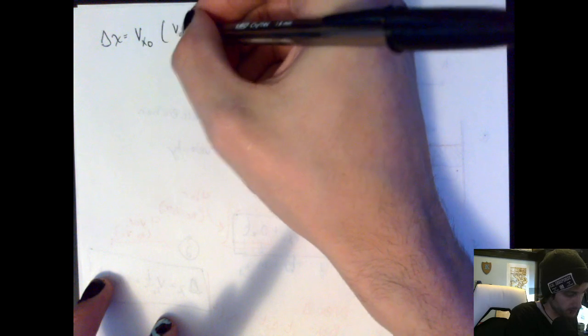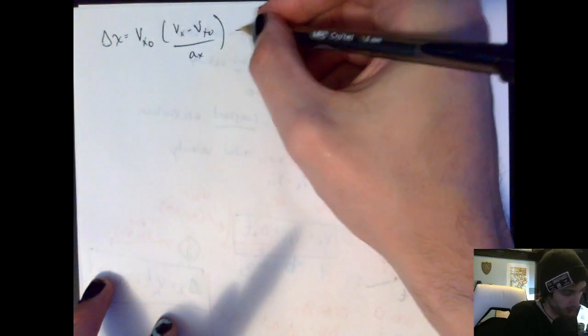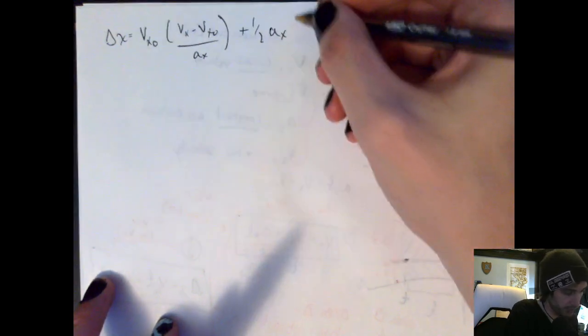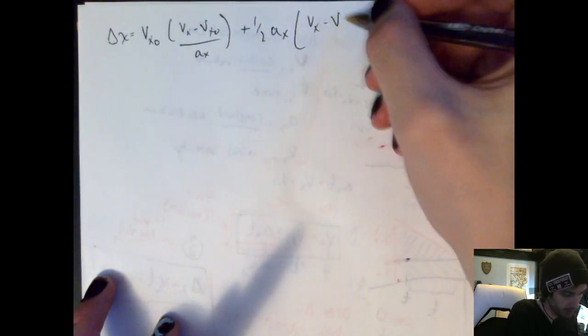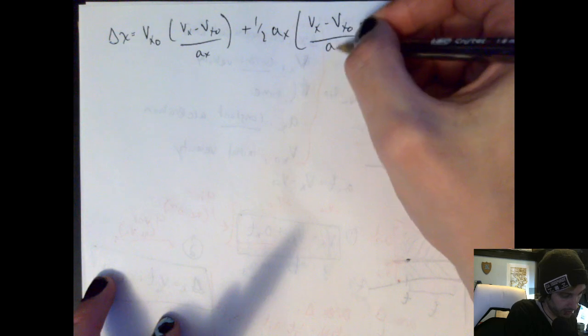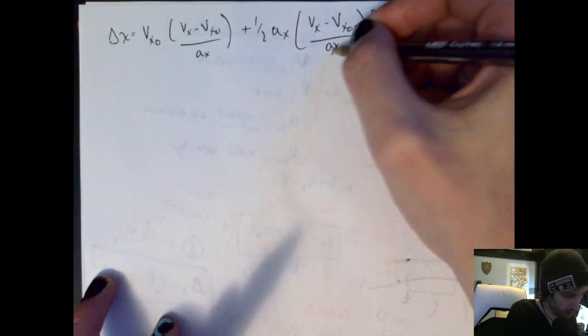So we've got that delta x equals Vx naught times Vx minus Vx naught over Ax. We've got plus 1/2 Ax times Vx minus Vx naught over Ax quantity squared.